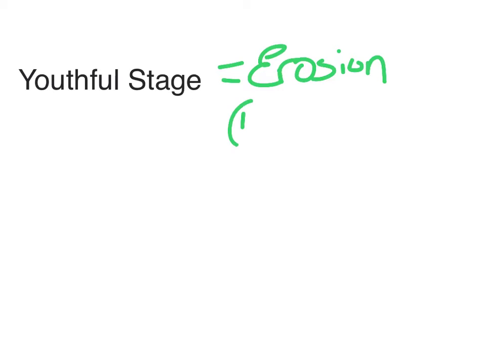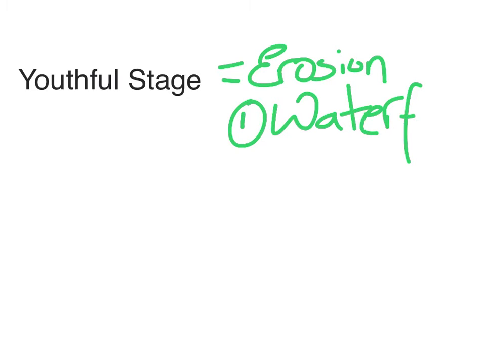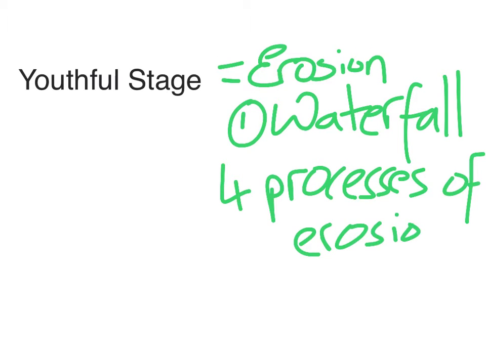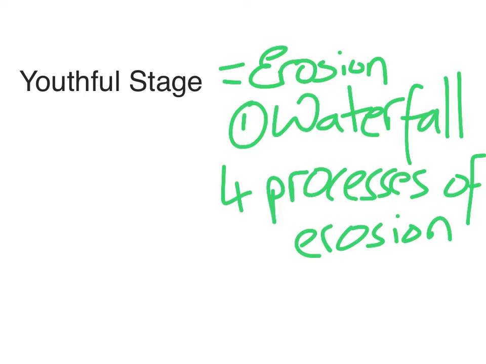Okay, and the one you should learn is a waterfall, along with the 4 processes of erosion. So that's really important that you know these, and that is really all you need for the youthful stage.